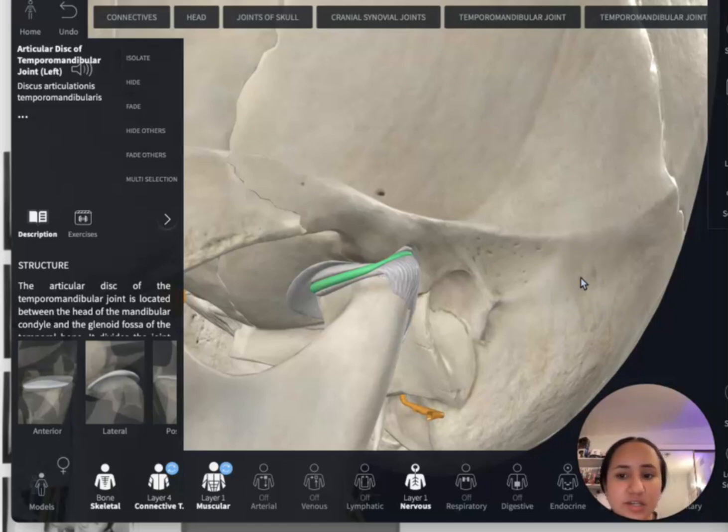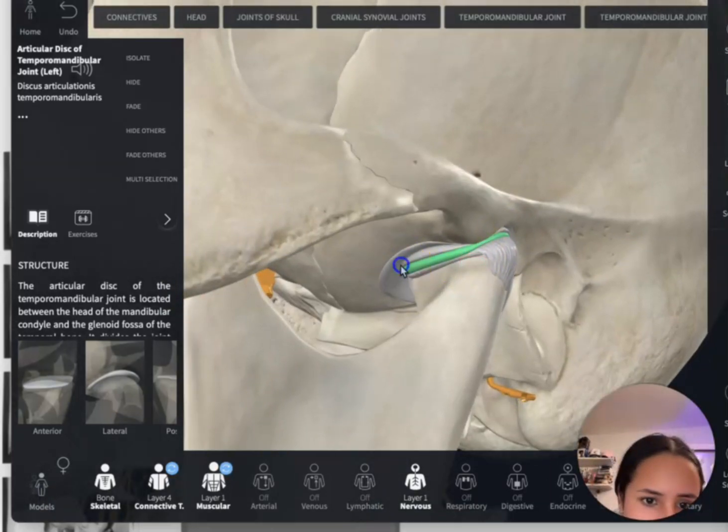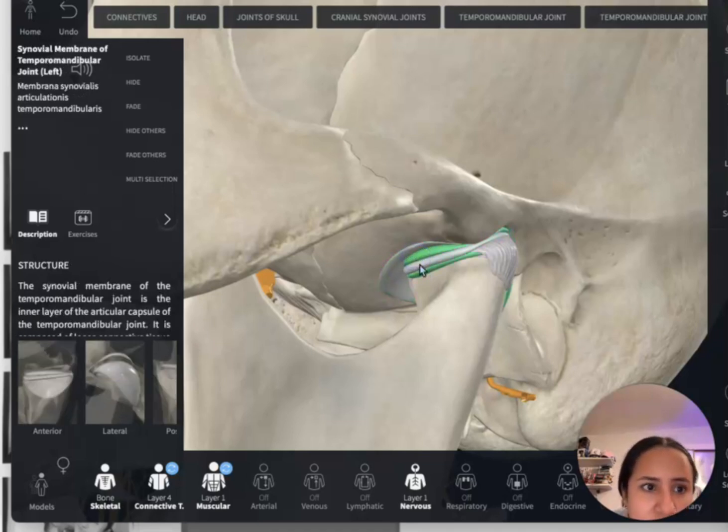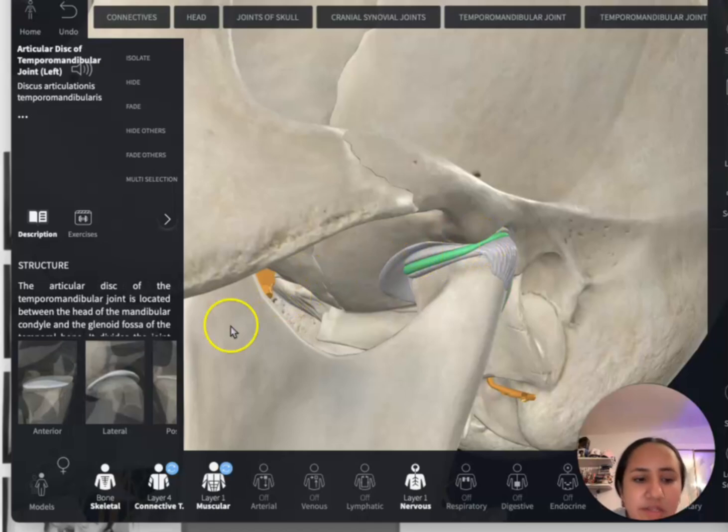The disc attaches anteriorly superior to the head of the lateral pterygoid muscle, and then the posterior bilaminar zone, which is just a connective tissue area. Here you can see the articular surface. This is the disc of the TMJ.